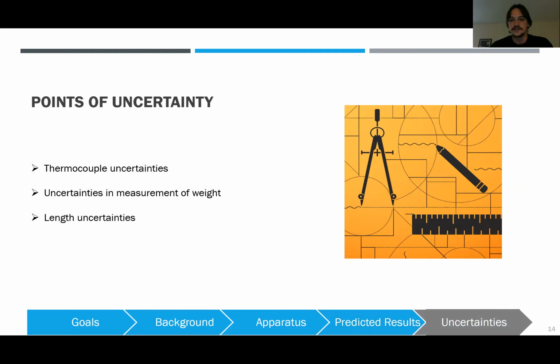This includes things like the water, the stainless steel, and the fuel sample, and length uncertainties, especially in the ignition wire. It's also important to note that the contribution of the wire to the heat of combustion in all the calculations is assumed to be negligible.